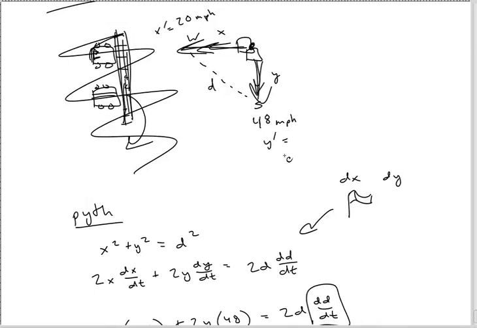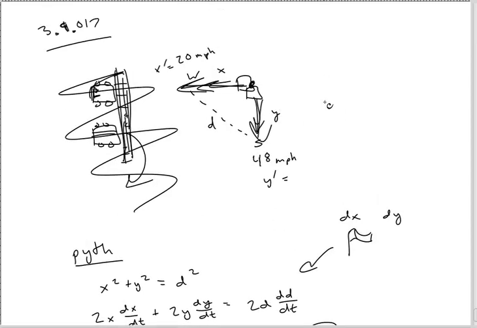Now, I said it really quickly. It says at t equals 3 hours. Remember, these are miles per hour. So I'm actually going to say 20 times 3 is 60. And over here, we got 48 times 3.